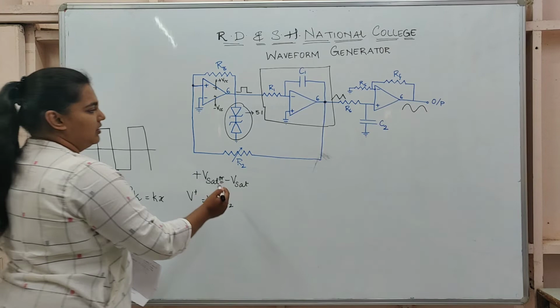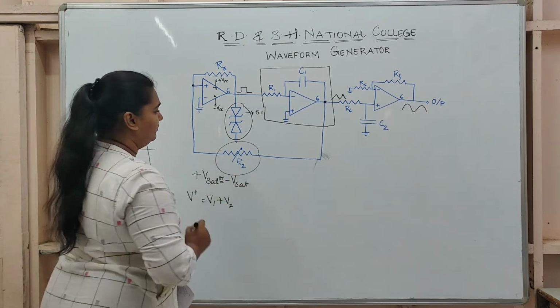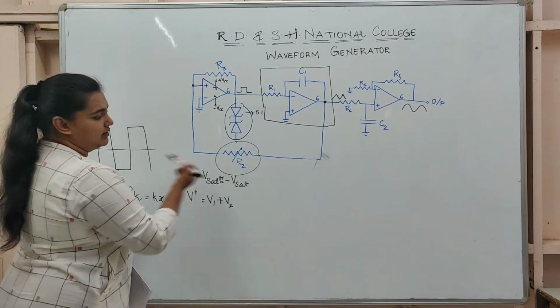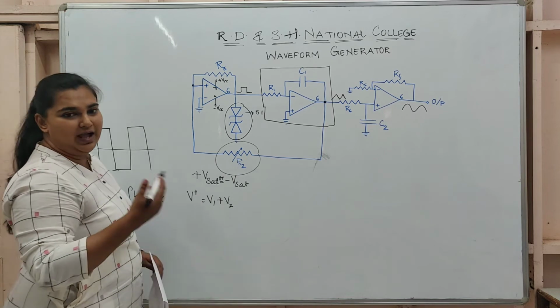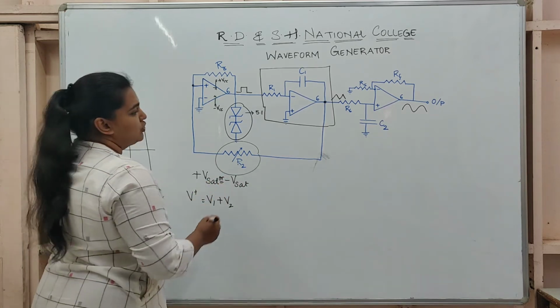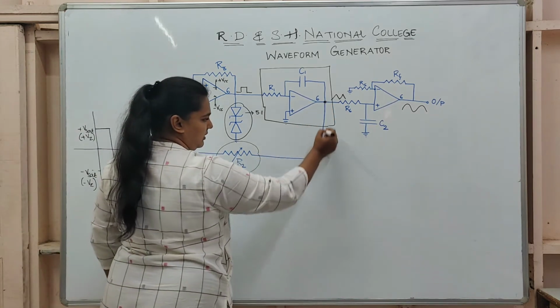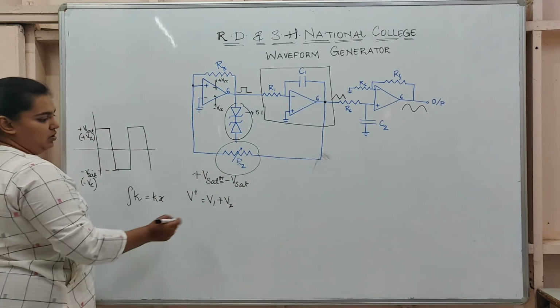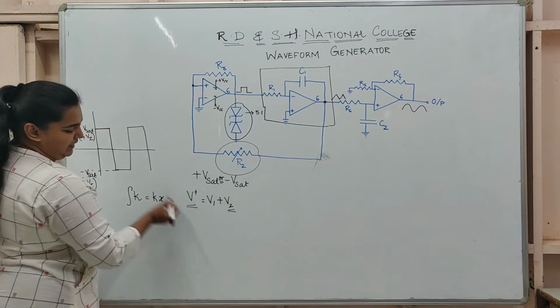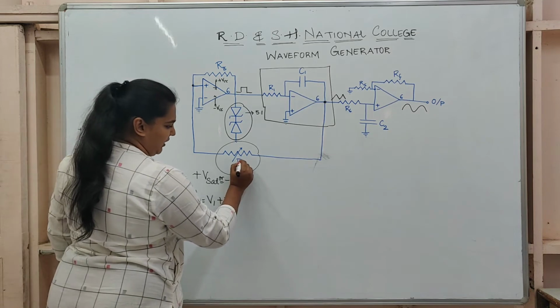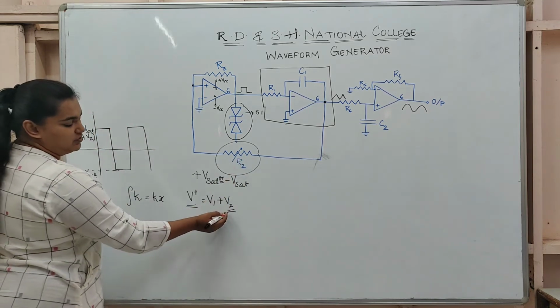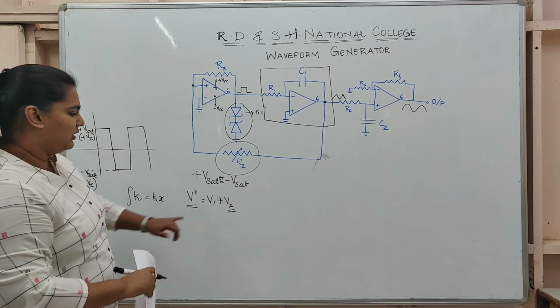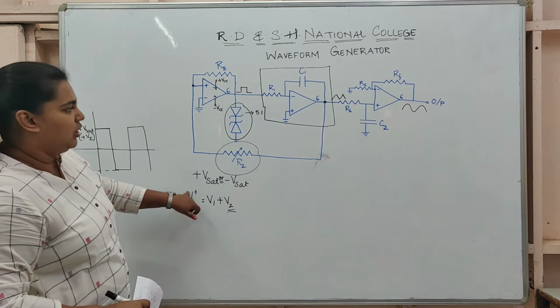Now coming back to this point. So this R is variable. What happens when you change this? Because it is the input voltage from V2 which is going to V plus, the change in value of R will change V2 and hence in totality will change V plus.